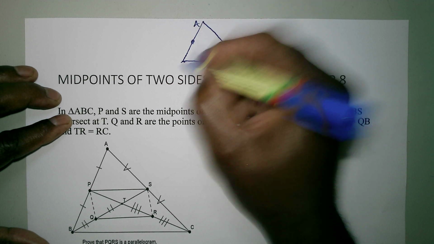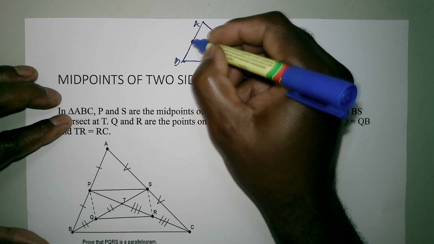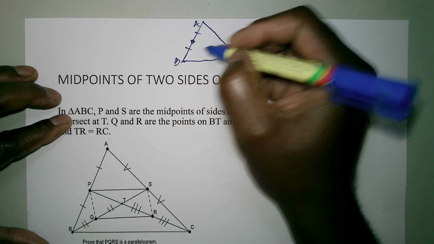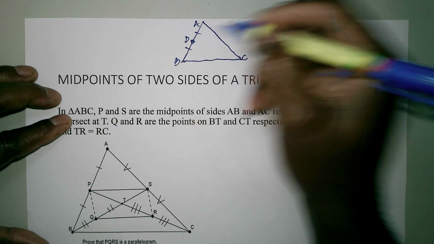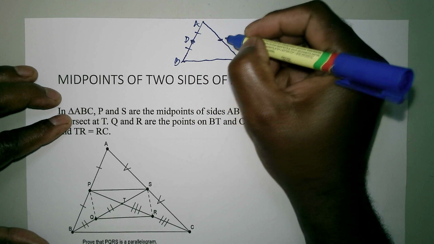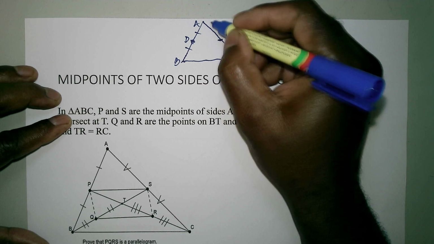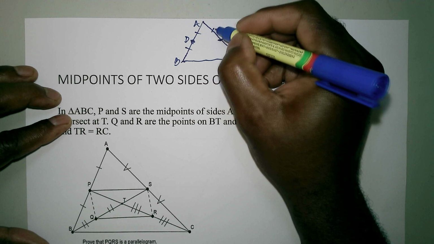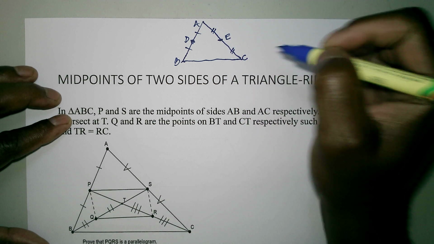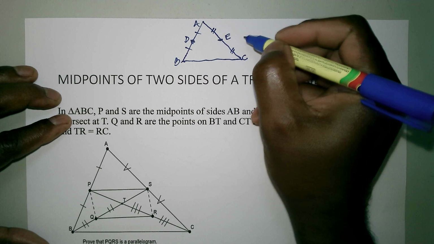Let's say it's triangle ABC, and this is a midpoint, meaning that this side is equal to this. Say this is D, and we also have another midpoint here. We can call it E, and that tells us that AE equals EC. This side is AD equals DB, these two are midpoints.